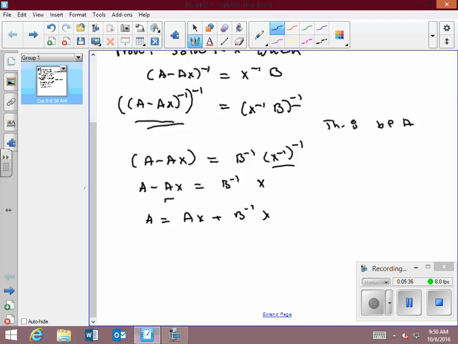And then if we take the X out on the right hand side, B plus, and then if we do the invert of this thing on both sides, then we do left hand invert.